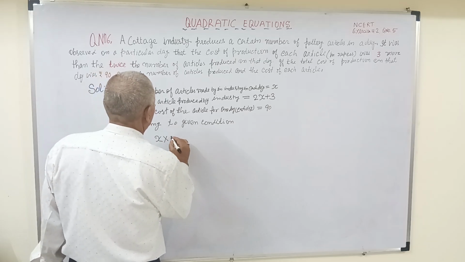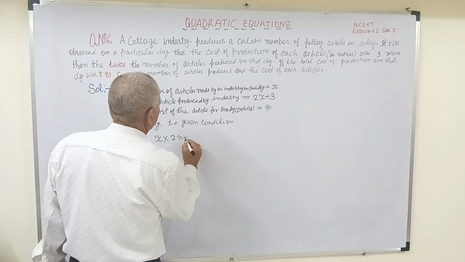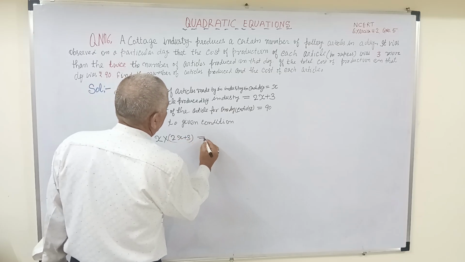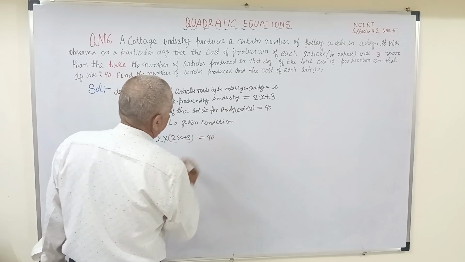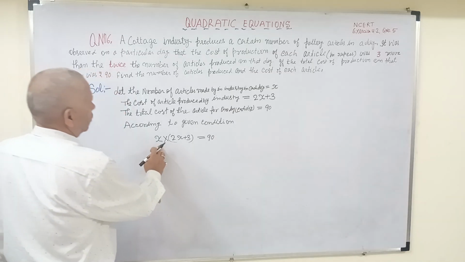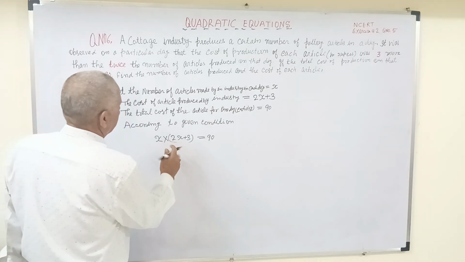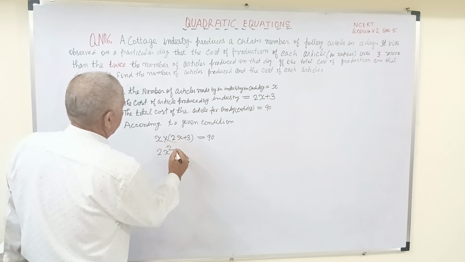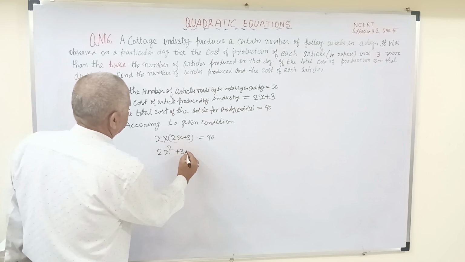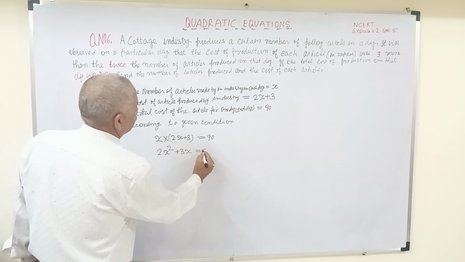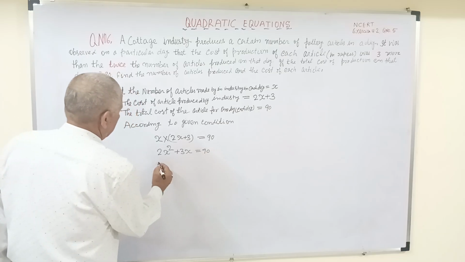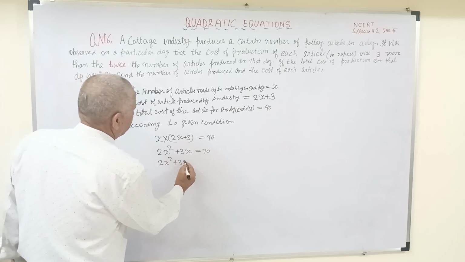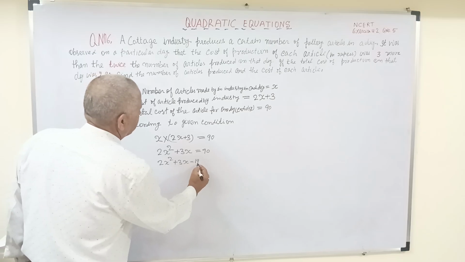The price is 2x plus 3 equals to 90. Now we will multiply this, 2x square plus 3x equals to 90, or 2x square plus 3x minus 90 equals to 0.